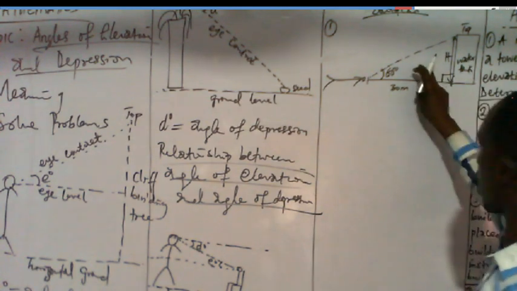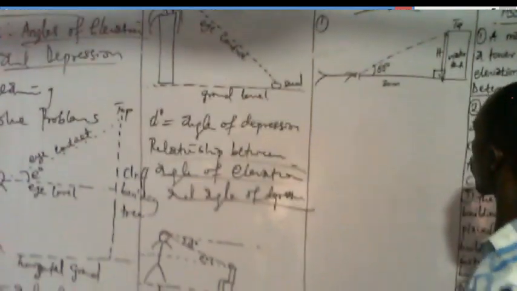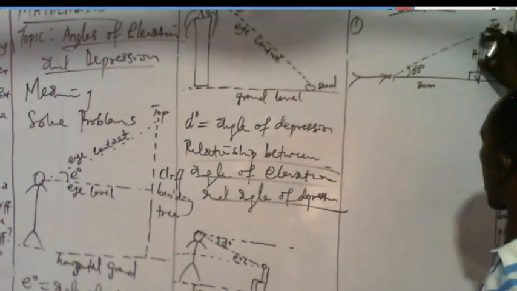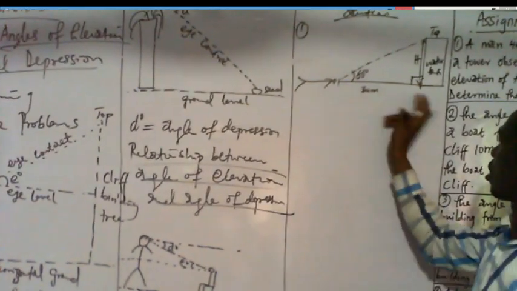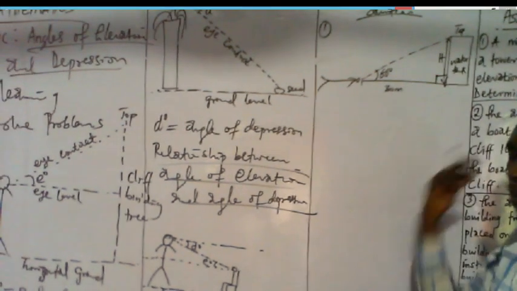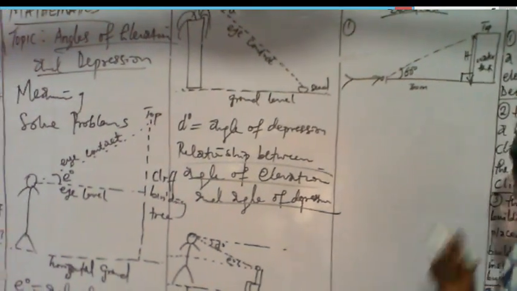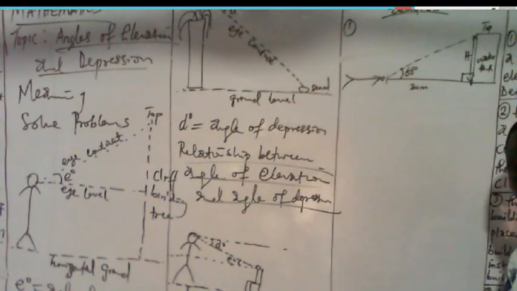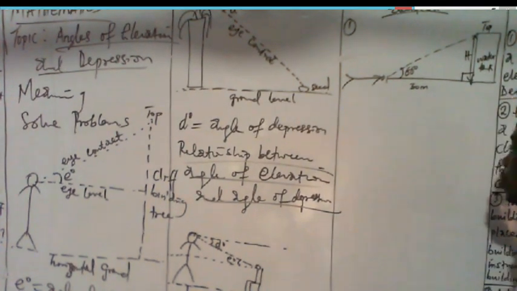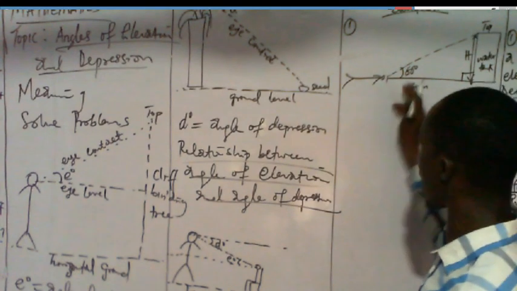So this is a right-angled triangle, and for us to find our height, we take note that our height here is opposite the angle, and the given side is adjacent to the angle, so we make use of tangent of the angle, because tangent of any angle is given as the opposite over the adjacent. So we are to make use of tangent.